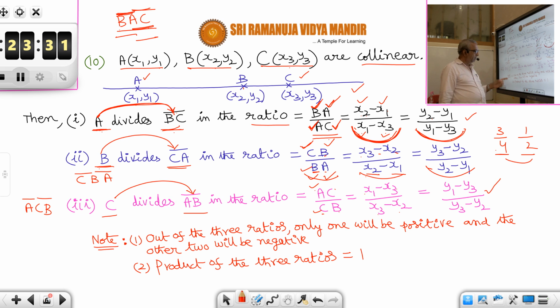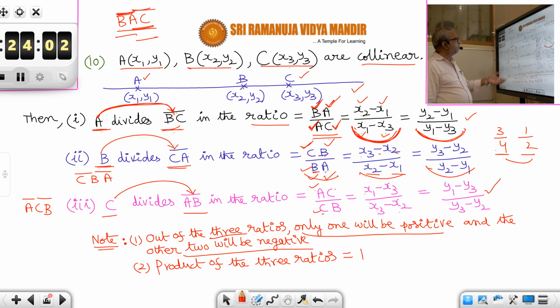Out of the three ratios we have got here, A divides BC one ratio, B divides CA another ratio, C divides AB another ratio, how many will be positive and how many will be negative? Can you guess? Only one will be positive and the other two will be negative. Always, only one will be positive, the other two will be negative.